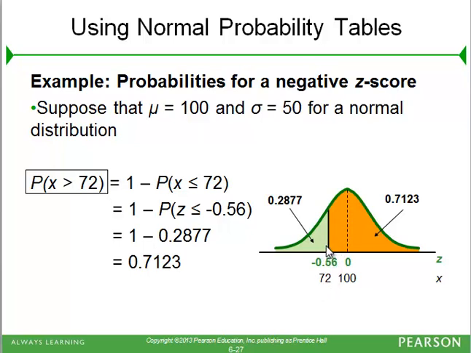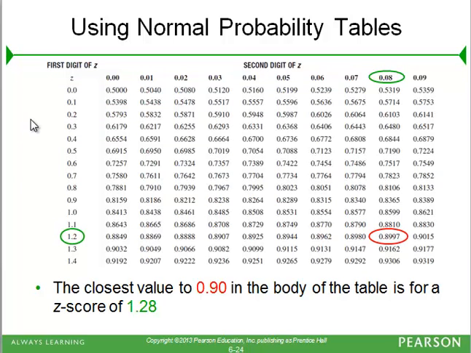Again, we need to find out the z-value for 72, right? So we got the z-value for 72 is 0.56. And using the z-table, as you can tell, for the 0.56, we find out the 0.5 first, and the second digit is 0.06. So 0.56 is 0.7123, is this one, 0.7123, right?